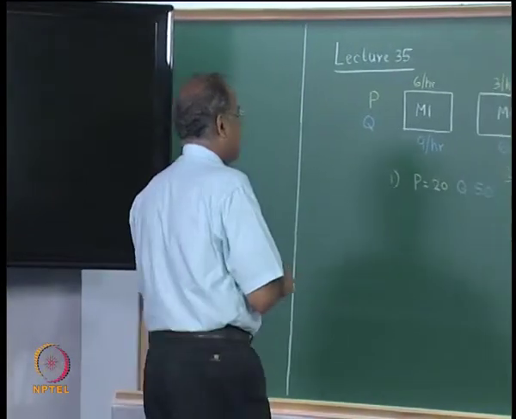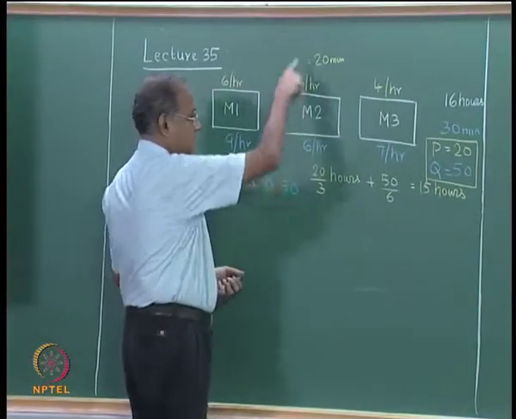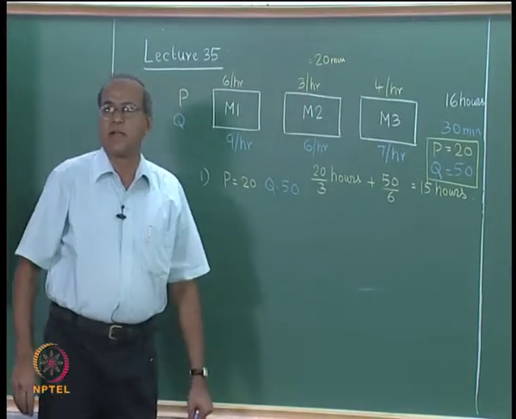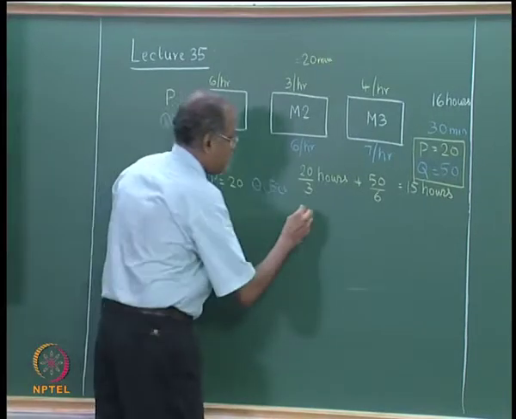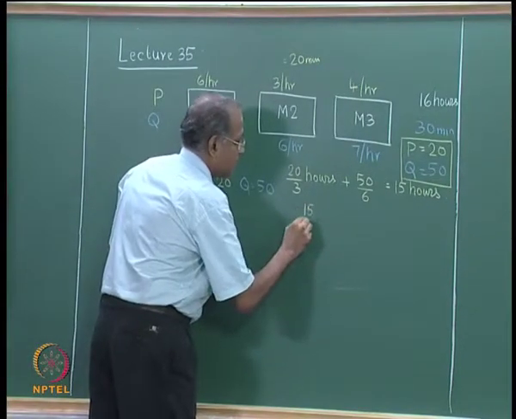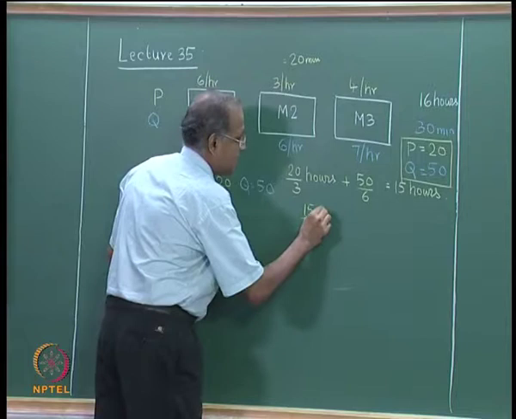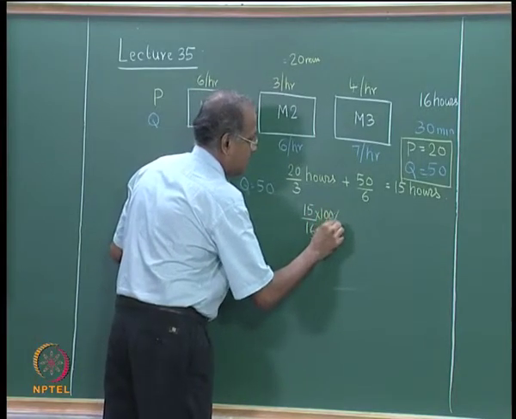Now, the utilization of this bottleneck machine is the time taken, 15 hours by 16 hours into 100%.